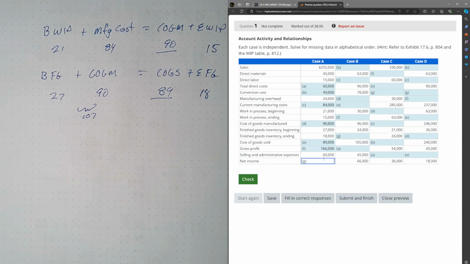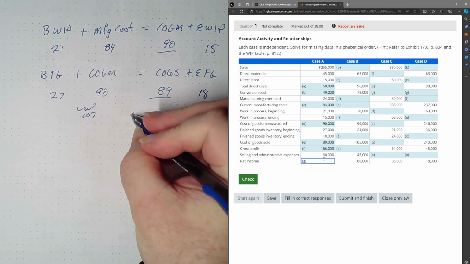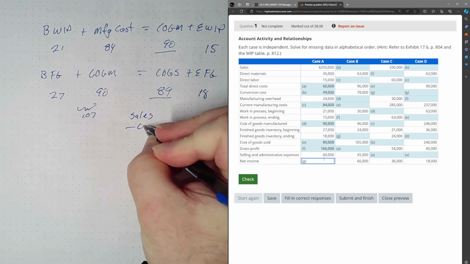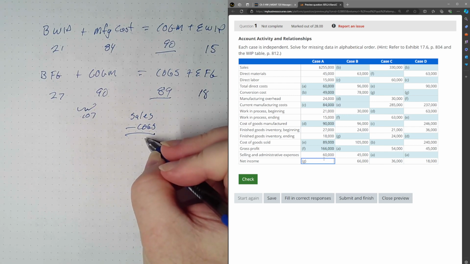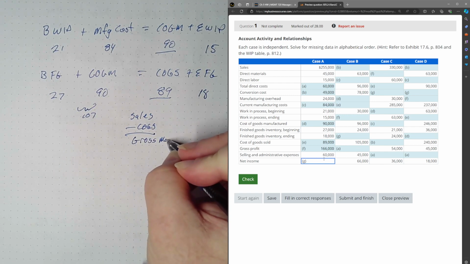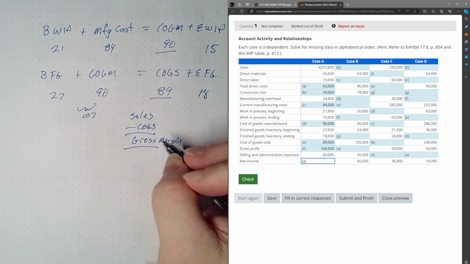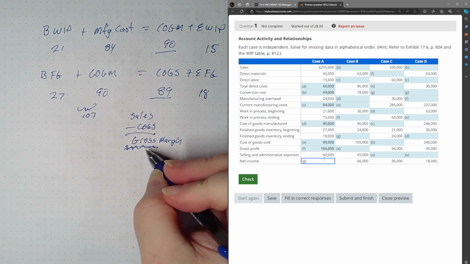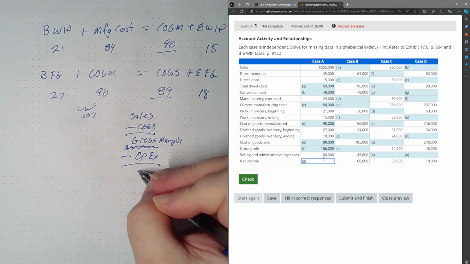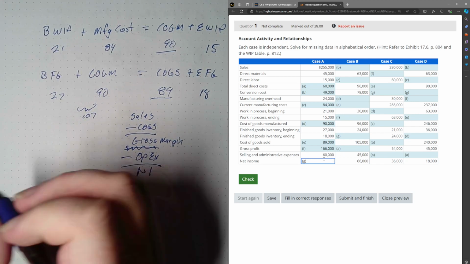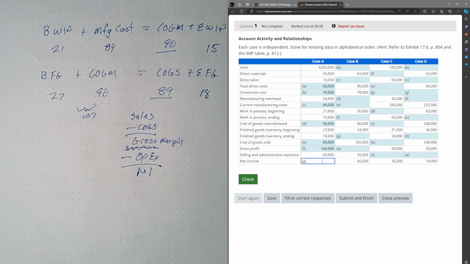Remember our thing is sales minus COGS. For the regular absorption costing, that's gross profit or gross margin, whichever one you want to use. I tend to say gross margin more often. Minus operating expenses equals net income. And so 166 minus this, 106.